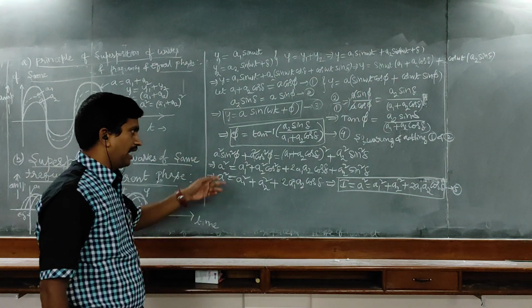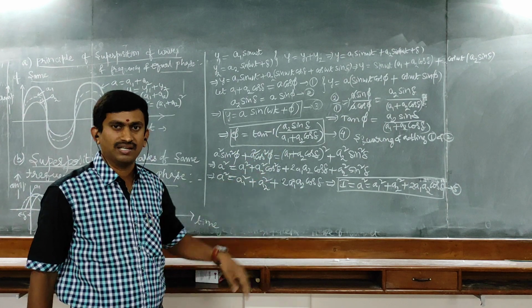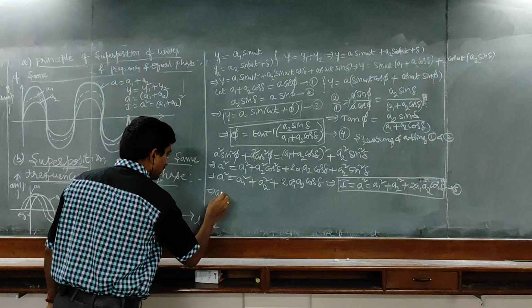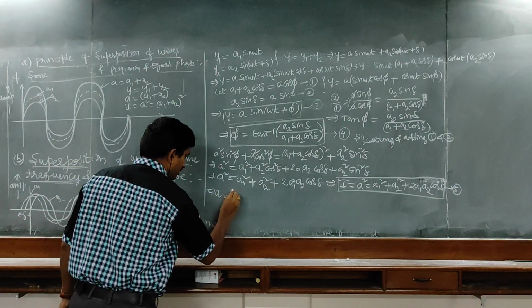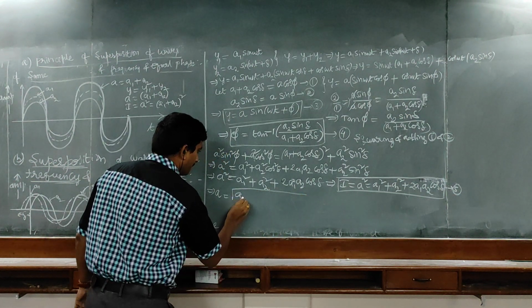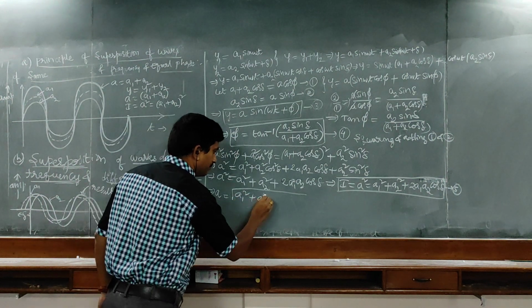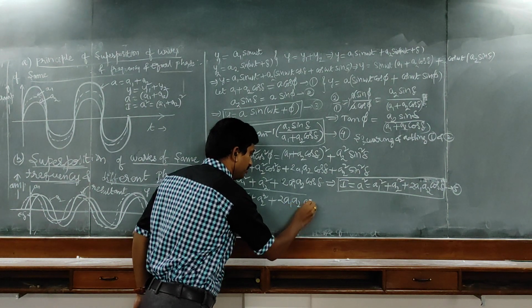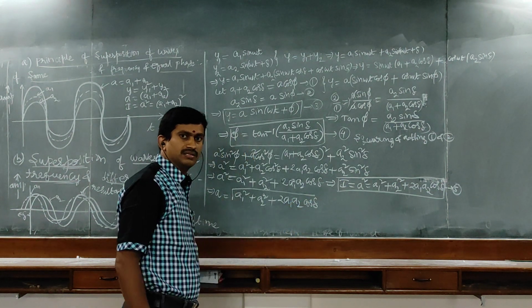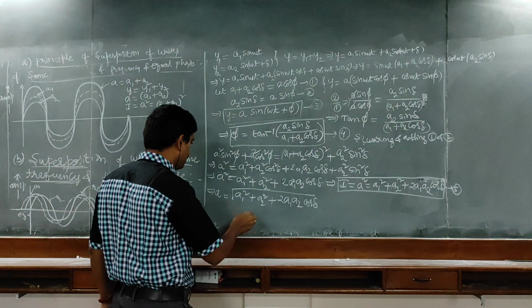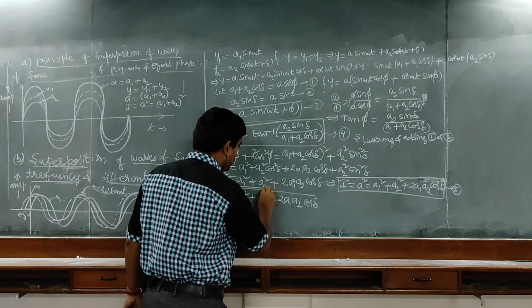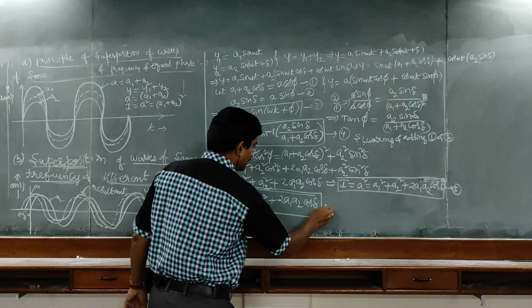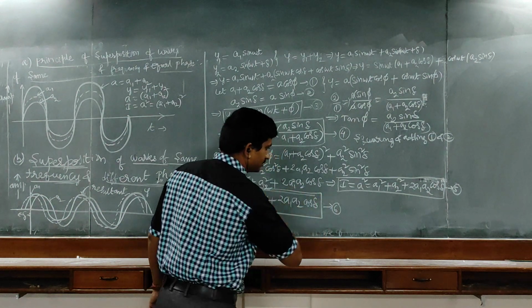Now I want the amplitude of the resultant wave. For the amplitude, A is equal to the square root of a1 square plus a2 square plus 2a1 a2 cos delta. This is the amplitude of the resultant wave. Let it be named equation number 6.